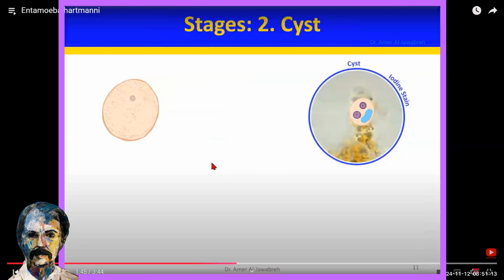That's the cyst. 1 to 4 nuclei. 4, maybe very rare to see it, like E. histolytica. Most of the time, 1, 2, maybe 3, but 4 rarely. But in general, it's between 1 to 4.